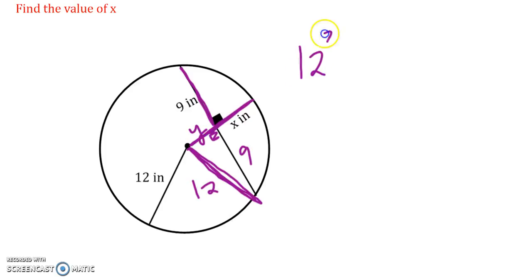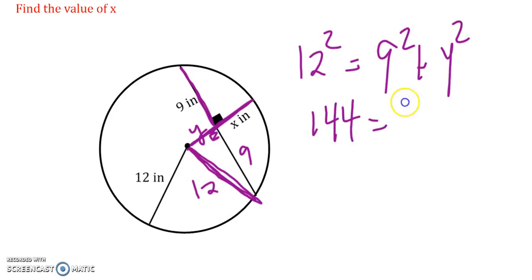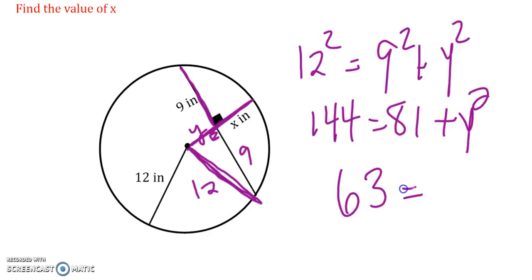So I'm going to get 12 squared equals 9 squared plus y squared. I get 63 equals y squared. So y, and for now we'll use decimals, is 7.9.